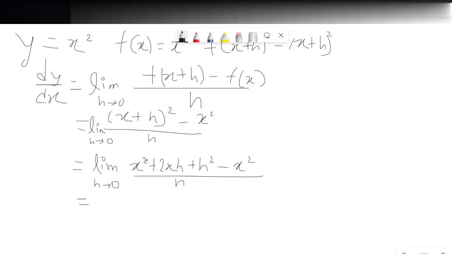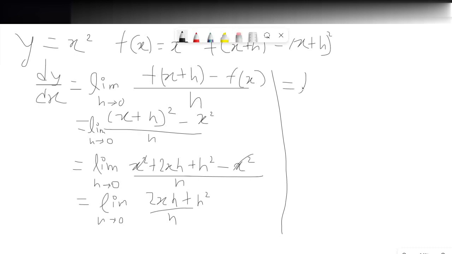Now if you notice, the x squared terms cancel each other out and you get the limit as h tends to 0 of 2xh plus h squared divided by h. Now let's further simplify this by removing the h terms.